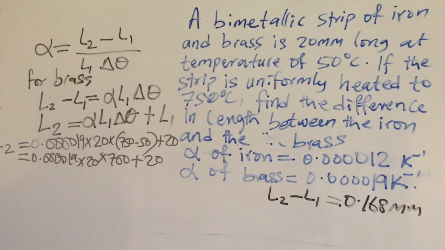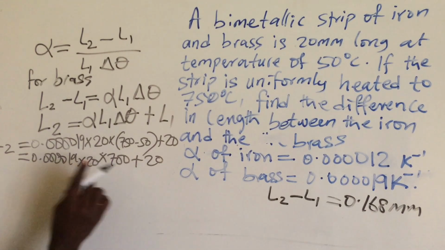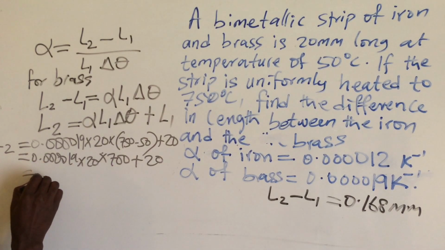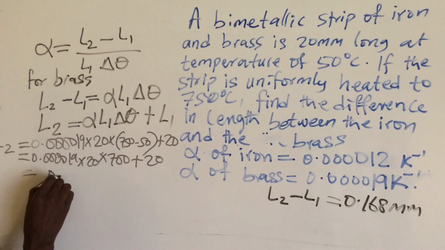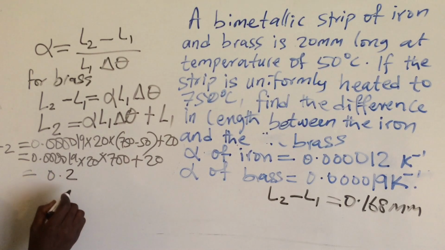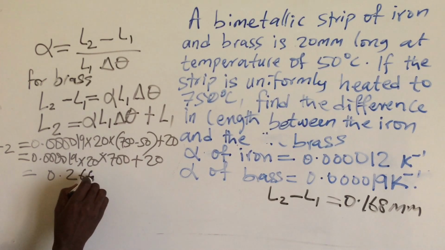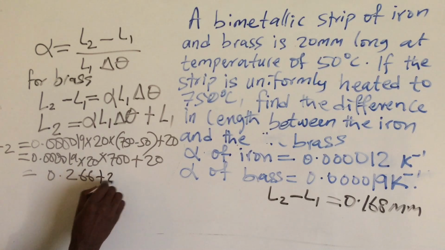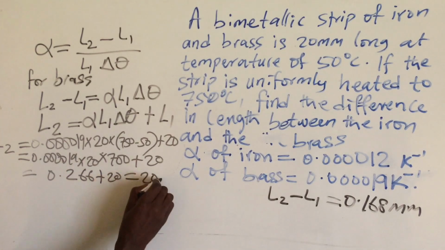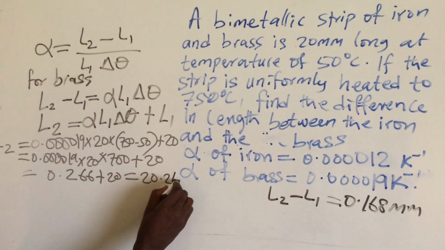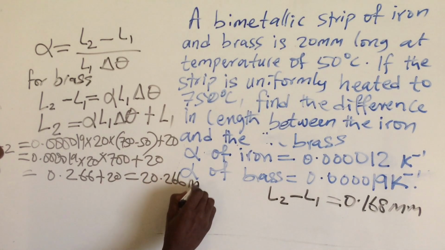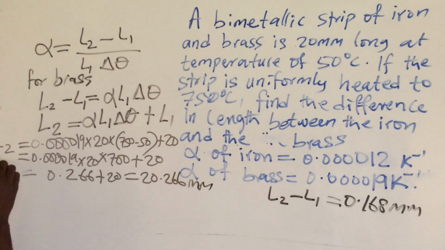Okay, now let us use our calculator. So when you multiply this times this times this, it will now give us 0.266 plus 20, which will give us 20.266 millimeter.